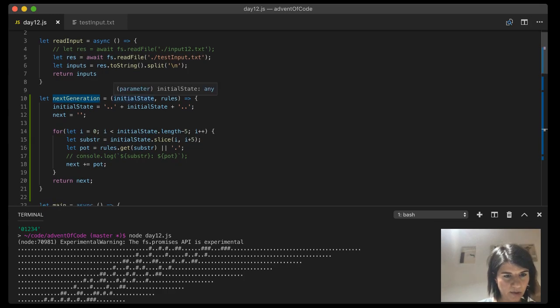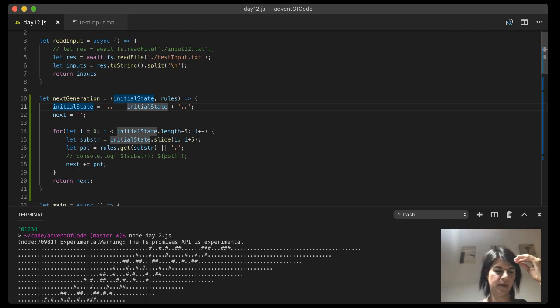So next generation takes the initial state and adds 2 dots at the beginning and the end, and then it goes through that. Oh, I see where I'm losing them. How do I fix that?